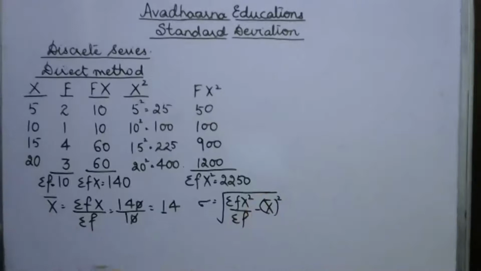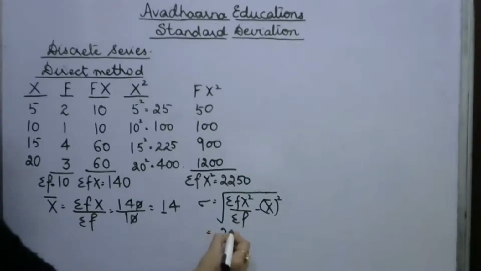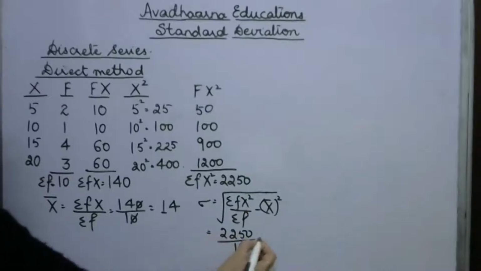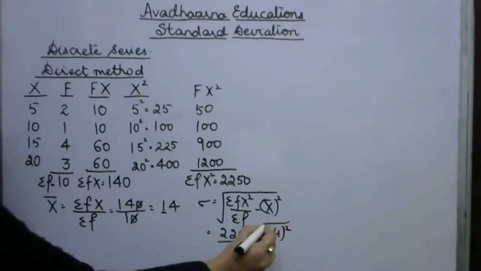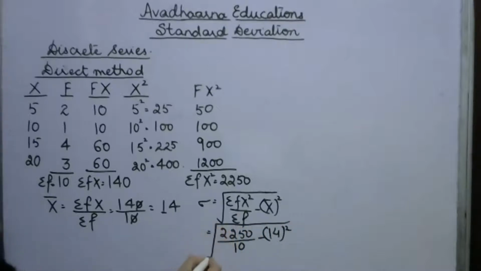So let's put up the values. If I'm going to put up the values, I'm going to get summation fx square is 2250 upon summation f is 10 minus actual mean 14 square, and then let's take the square root.